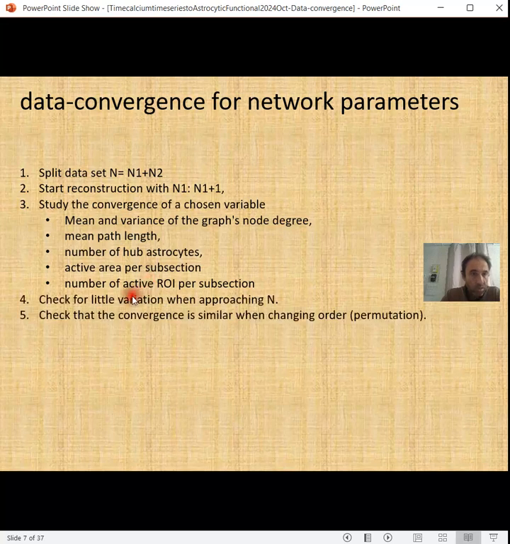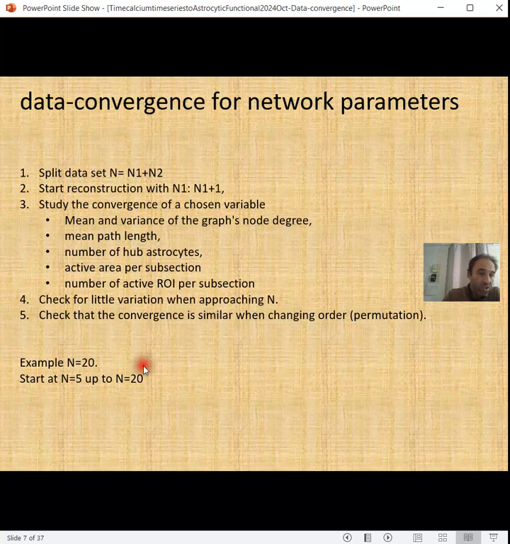As N increases, you are looking for the moment where you have little variation as you approach the final data set. And of course, you need to check the convergence, which is similar if you change the order or any permutation. It should give you basically the same value in the end.